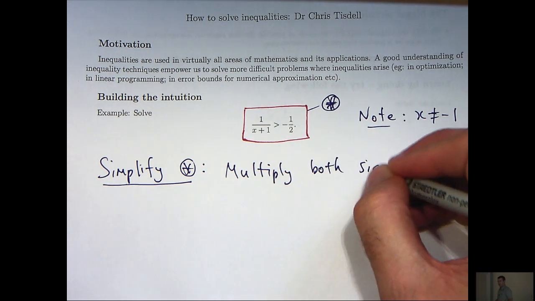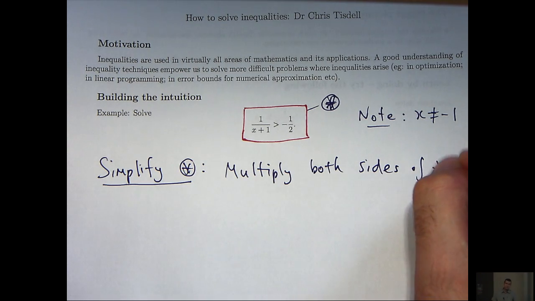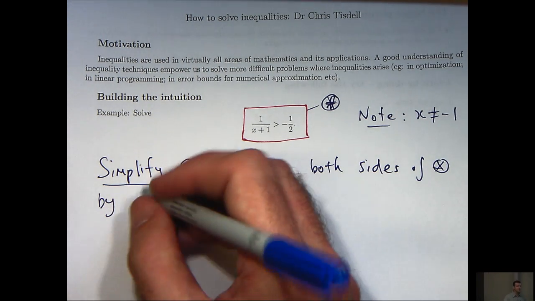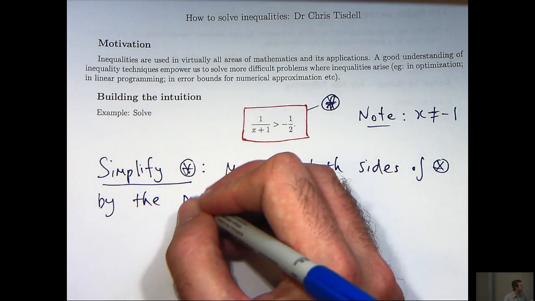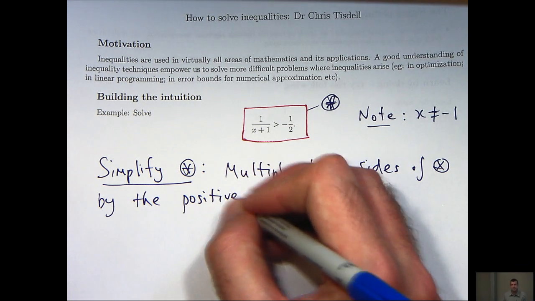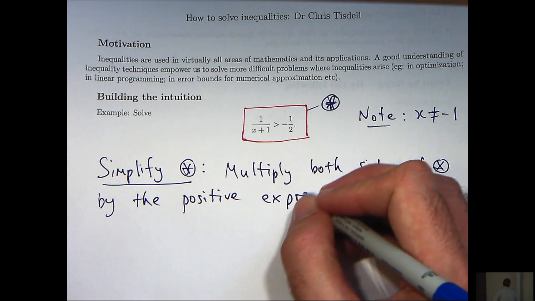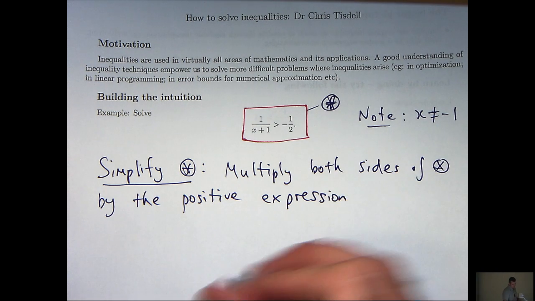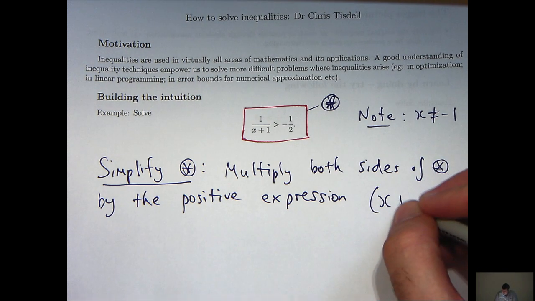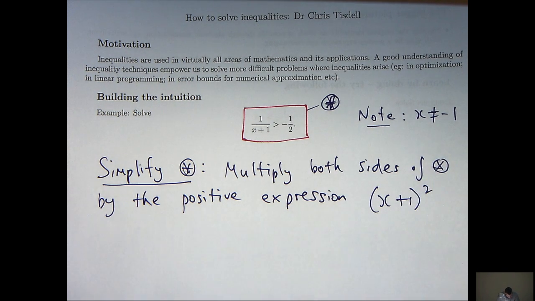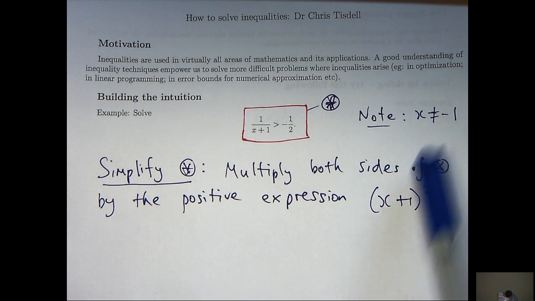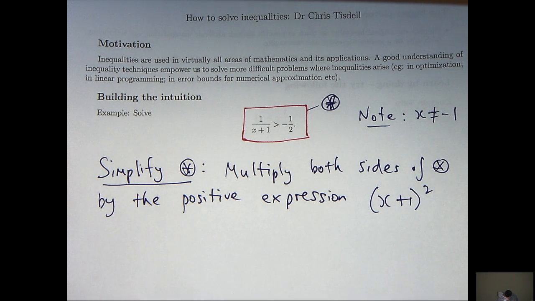So we're going to multiply both sides of star by the positive expression x plus 1 all squared. Now notice x is not equal to -1, so this is always positive.